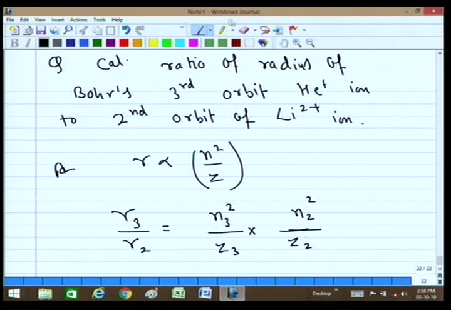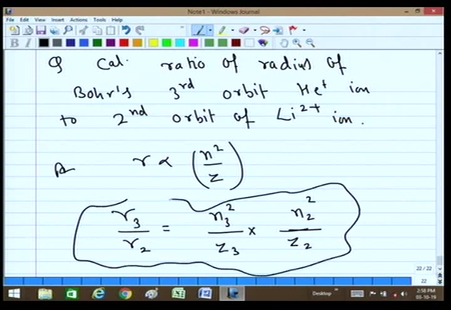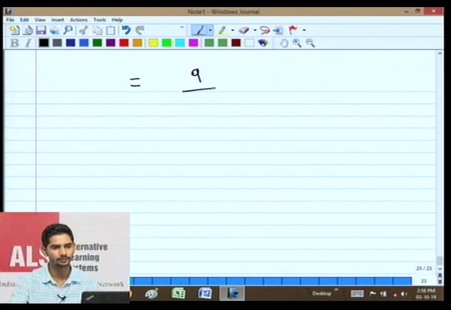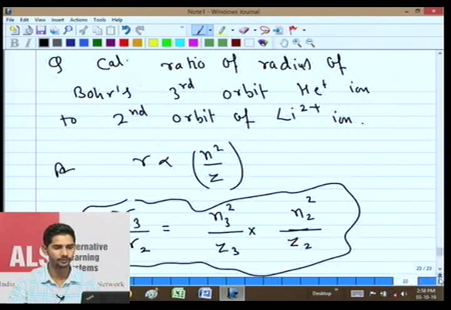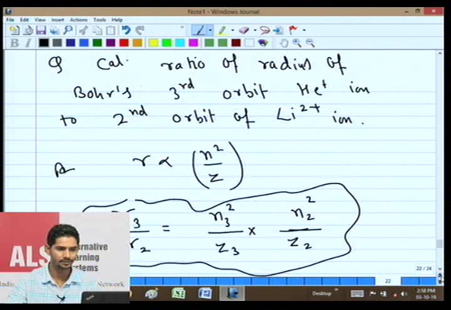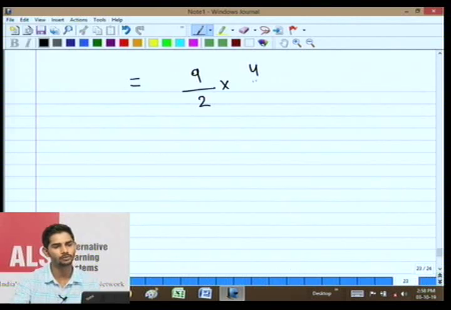You can simply put the values in this formula. This is 3 square, 9. Helium has atomic number 2. Next is lithium, second orbit. 2 squared is 4, and lithium is 3.